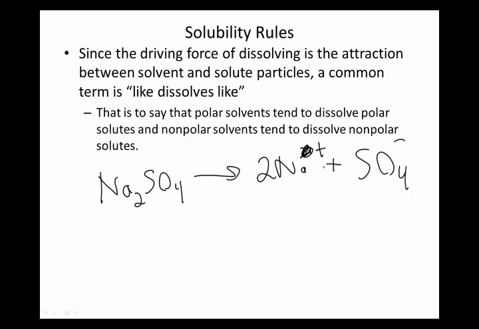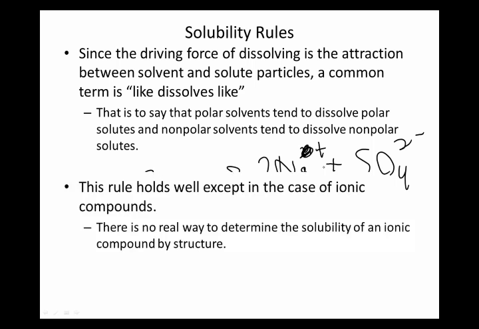The polyatomic ions don't further dissociate. They don't break apart into sulfur and oxygen, right? Those are covalently bonded. They don't separate like that. The reason we think of polyatomic ions as whole units is because in water they separate out into SO4, just sulfate.